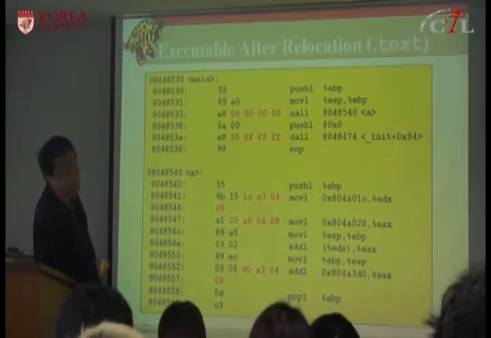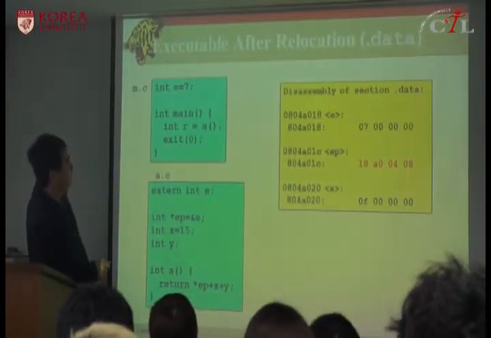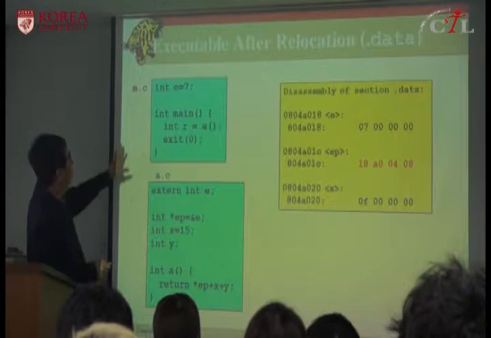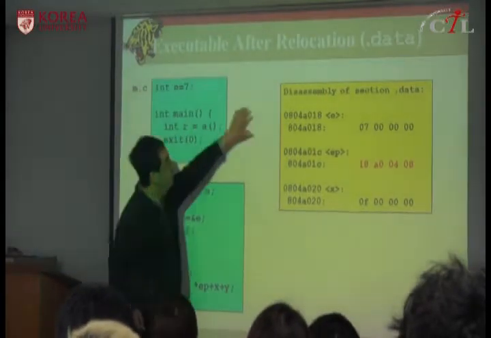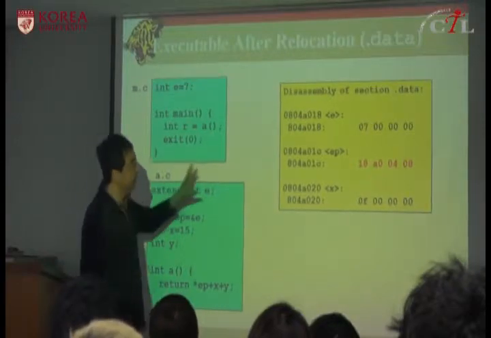Let's look at the data segment. We have to look at the data segment. So you put the data segment from main to here, and from A.o to here.